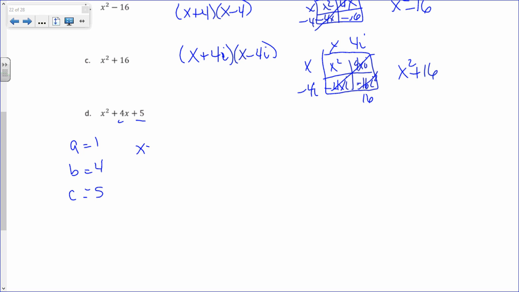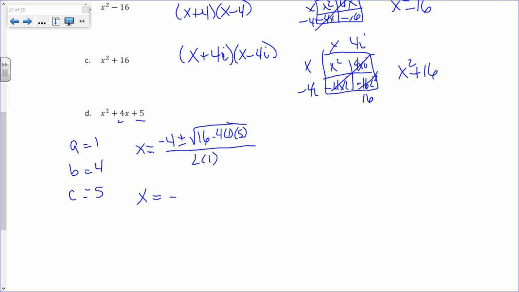So x equals negative b, so negative 4 plus or minus the square root of b squared, 16, minus 4 times 1 times 5, all over 2 times 1.